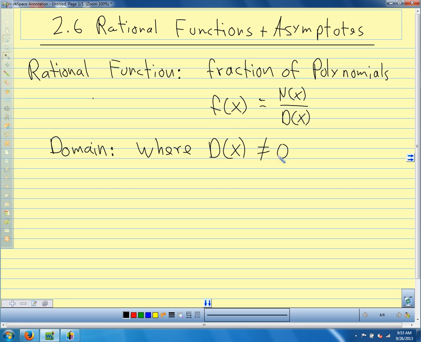So what are our tools for finding zeros of polynomials? P's and Q's, factoring, synthetic division, long division. That's what we've been doing for the entire unit almost, is finding zeros. So that's one reason we're talking about rational functions in this unit, is because part of what we have to do with rational functions is find zeros of polynomials.